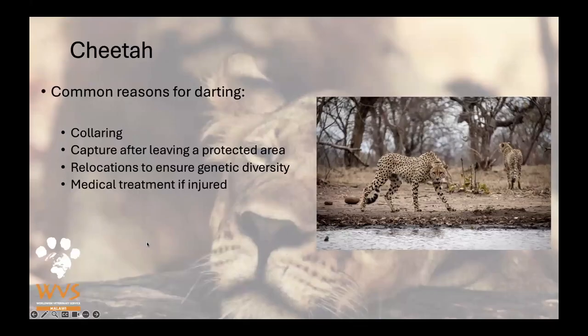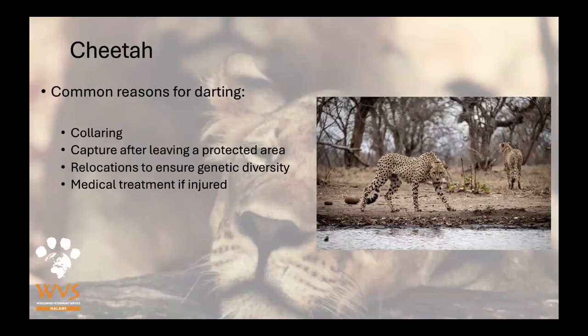Okay, so yeah, I hope this gives a bit of an overview of all the aspects that I mentioned, how to approach it, and then how to do something like a vasectomy. So now I will just touch a little bit on basically just two other species, the cheetah and wild dogs.